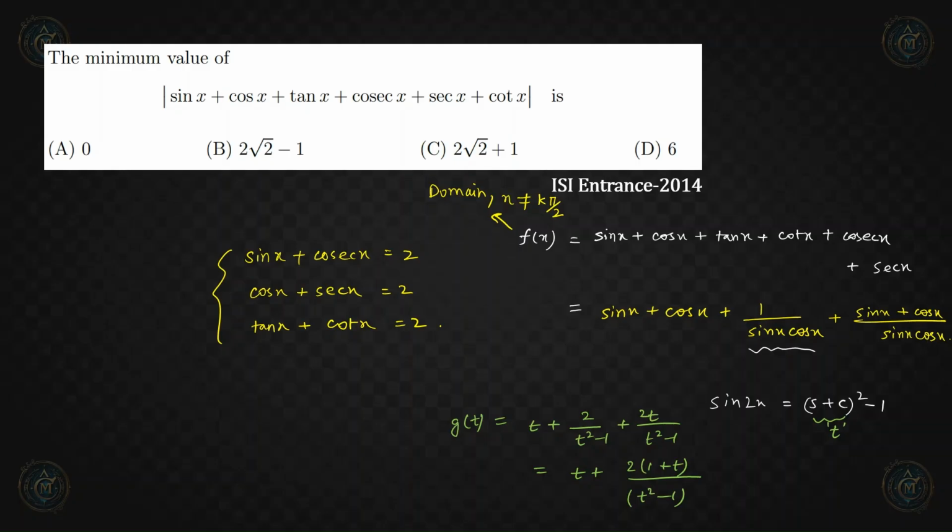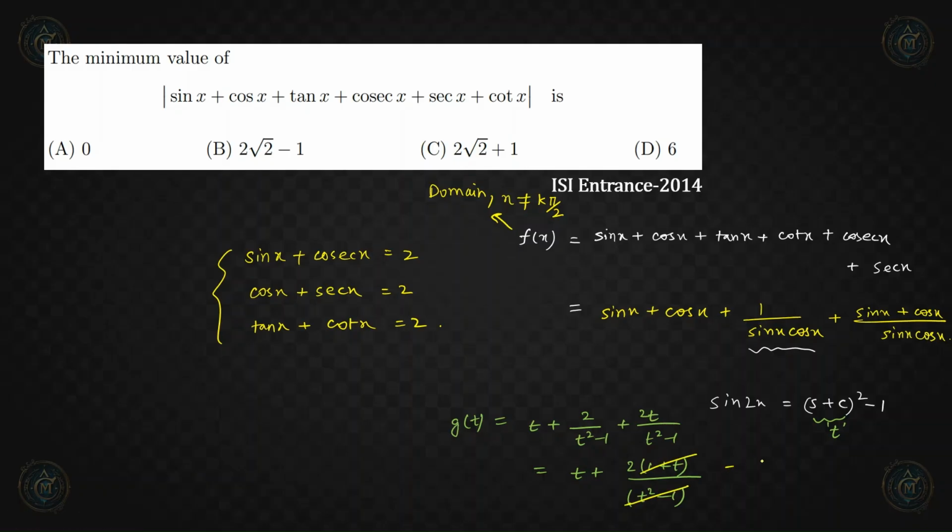Integral even multiple of pi by 2, and we don't have also the odd multiples of pi by 2 because of this secant x function. That means we don't have the integer multiples of pi by 2 in our domain. That means this t square minus 1 is non-zero, as well as we can see t plus 1 is non-zero, right? So we can cancel this factor here.